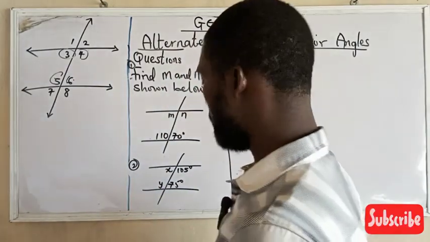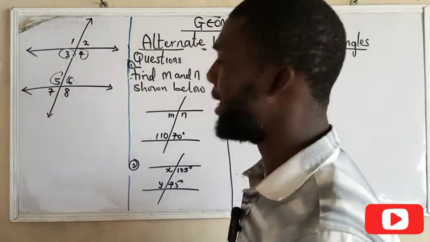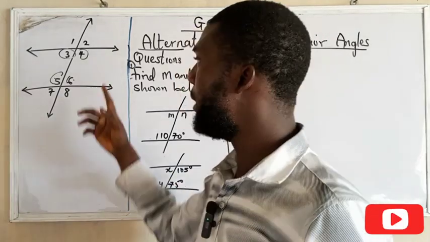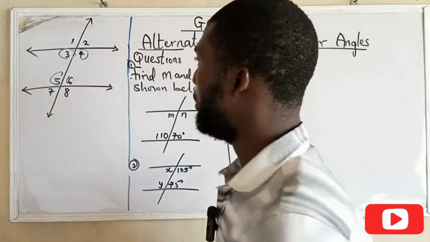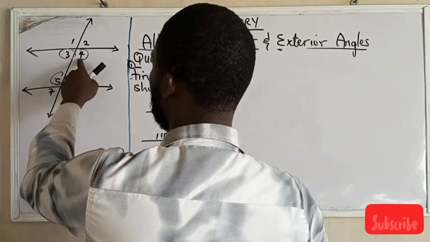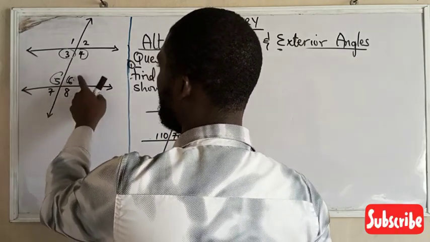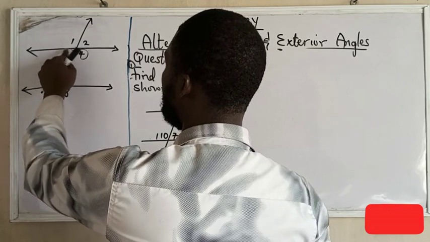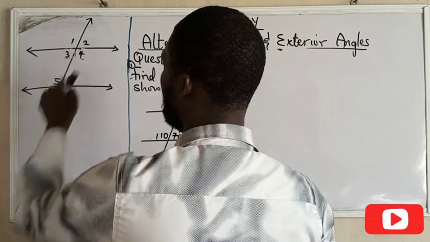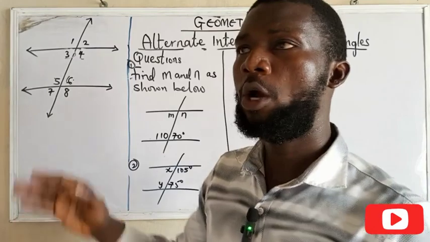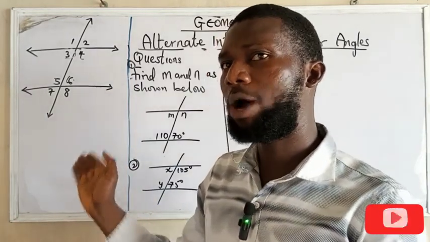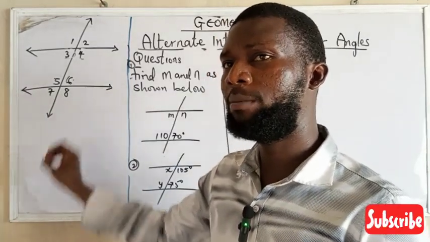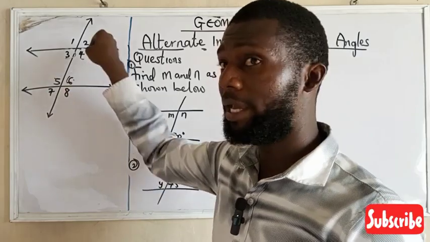Then secondly, we need to look at what that word alternate means. Alternate means opposite. So if this interior angle is interior, and I want to locate alternate interior angles, then I'm going to look for what? Angles that are opposite to themselves, and at the same time, they are interior, that is inside.